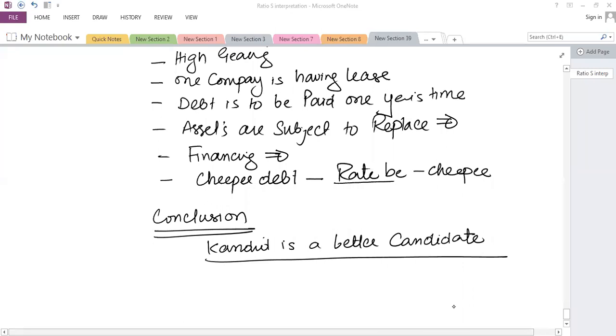Now in part C, it has been already asked that you have to talk about other factors. So one of the things, the other information, some general information, some specific information.